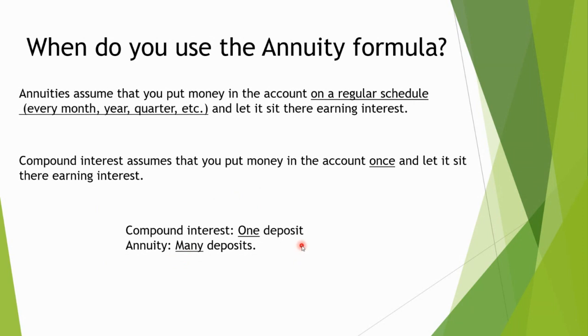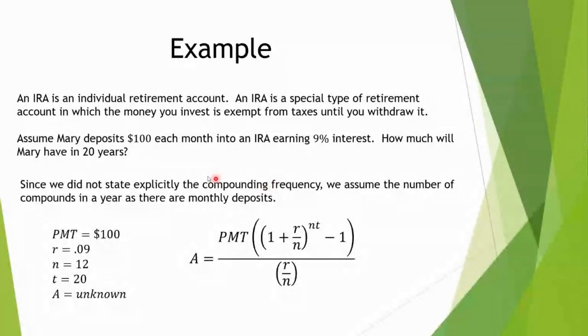Okay, that's what we're doing here. So let me do an example with this. All right. This is just an example. It's not the same one as the calculations in the beginning, but it is similar. So we have a special kind of retirement account. Usually with retirement accounts, this is what I think of. This is where you can't take the money out until you reach a certain age, because the money in that account is not taxed.